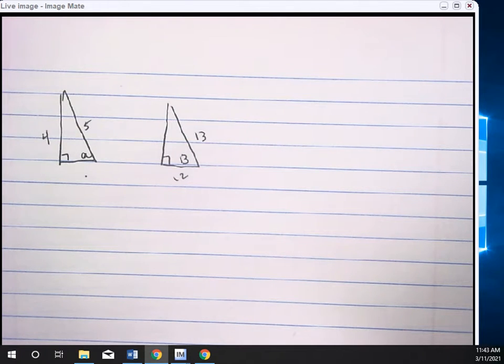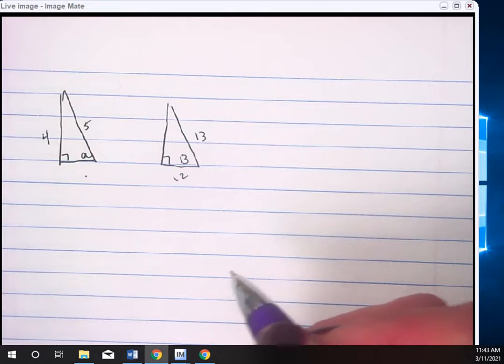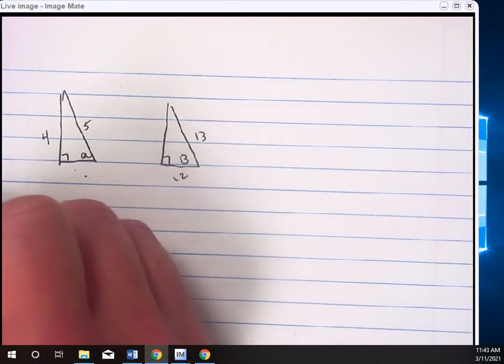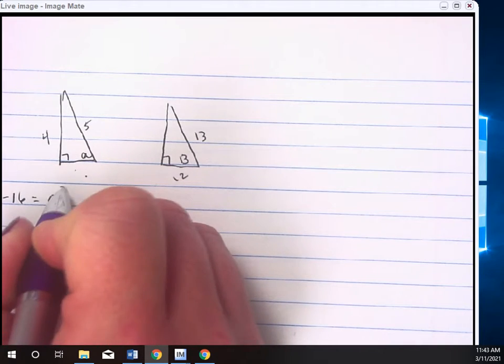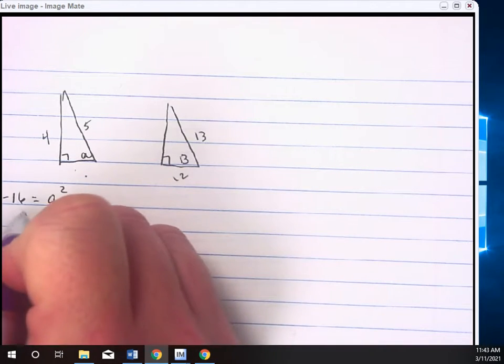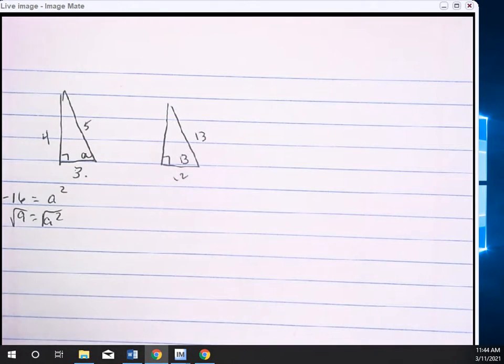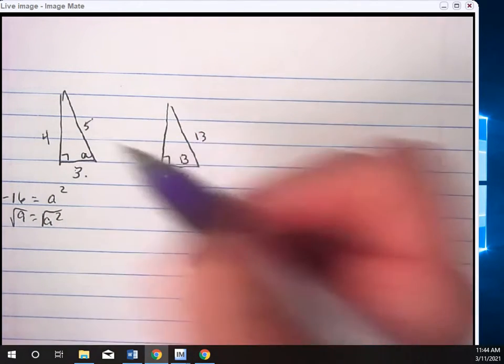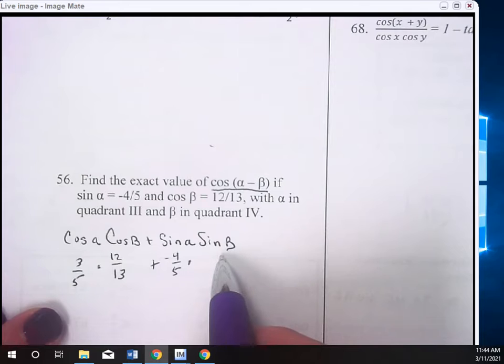Does anybody know your Pythagorean triples? If you know the Pythagorean triple, you know that this is a 3. If you don't, then you're going to have to do adjacent side squared. 9 equals a squared, square root is 3. I now know the cosine is 3/5. So my cosine of alpha is 3/5. I need sine of the beta.